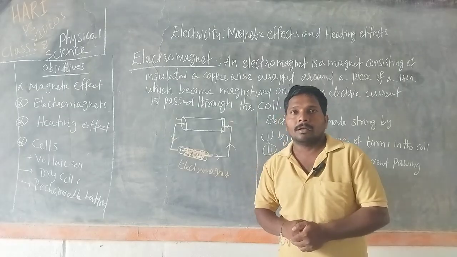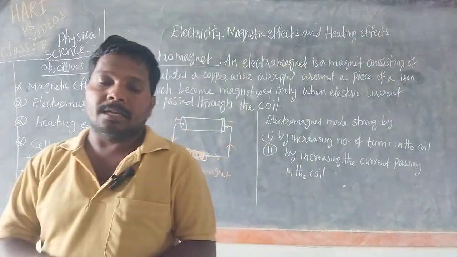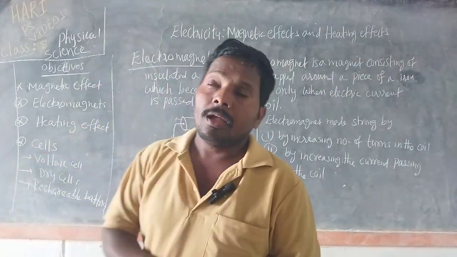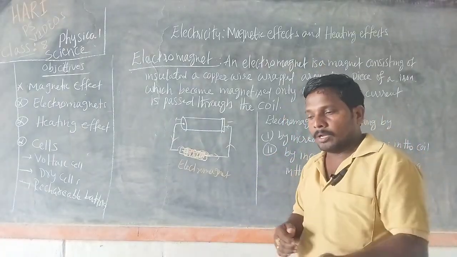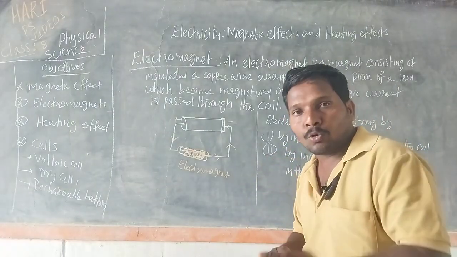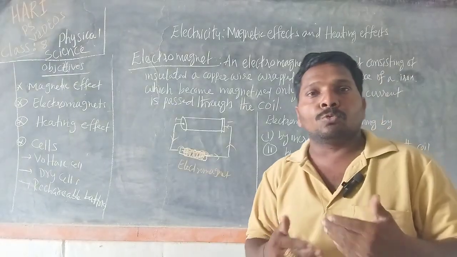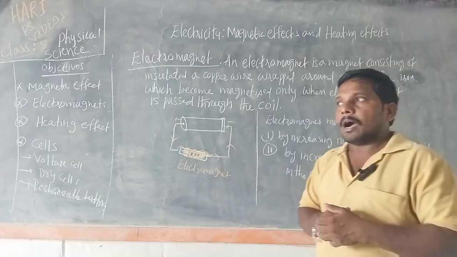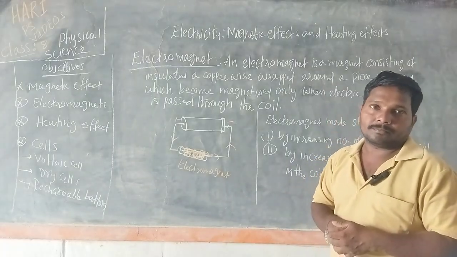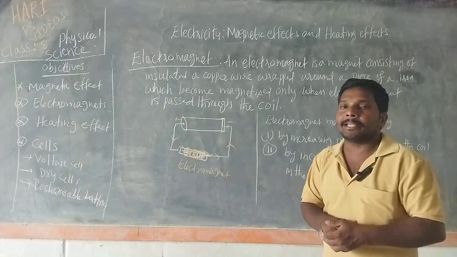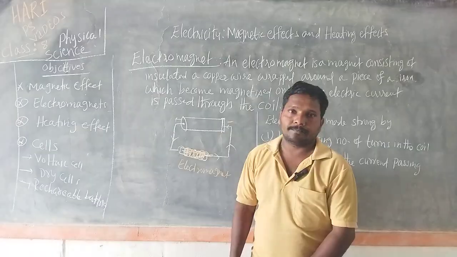Because if we use other substances like steel, or a mixture of two or more metals like aluminum, nickel, cobalt and chromium, when electric current is passed through these metals, they become permanent magnets. Once they get magnetic property, they won't lose it when we switch off the electric current.